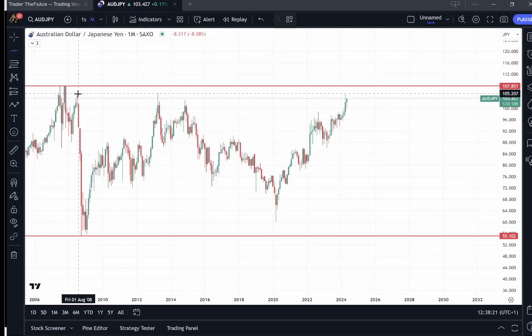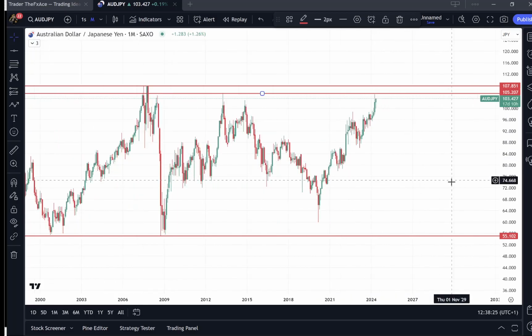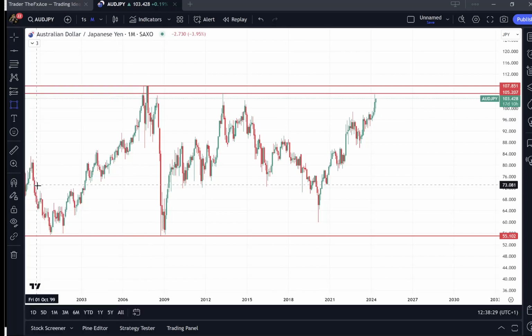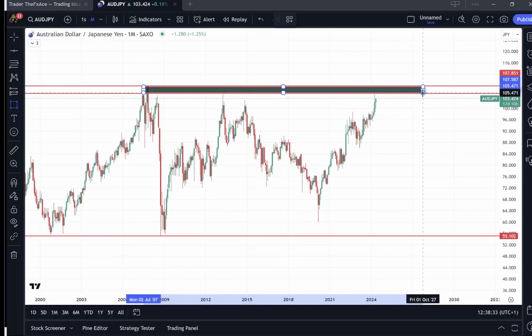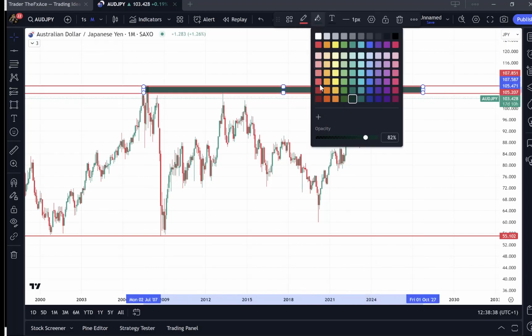And I'm going to put in this 105 level, which we hit 2 weeks ago on the intervention. Fast approaching a key area on the chart where we're likely to get some selling pressure. We're just going to draw that.